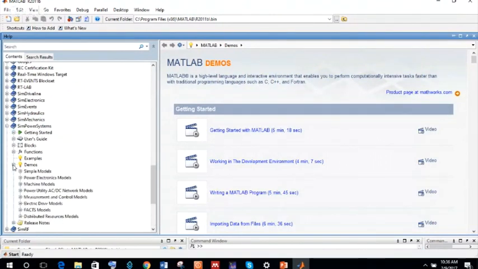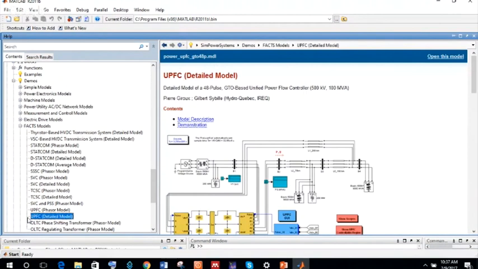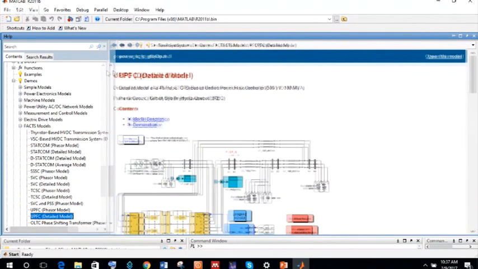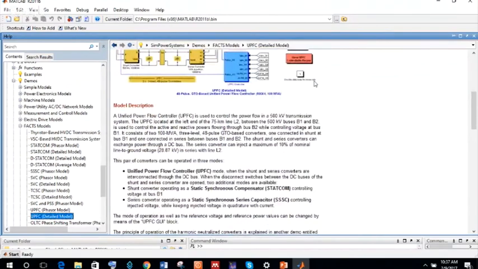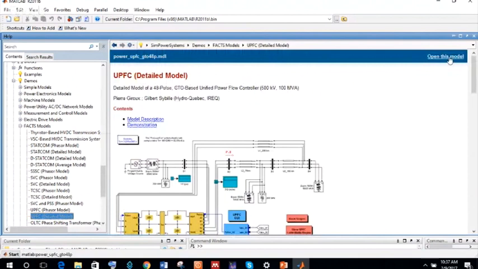Here again demos, FACTS models. And now we want to see the UPFC detailed model. This will be the model which will have the description and the working given here. Then run this model. That will open the model.